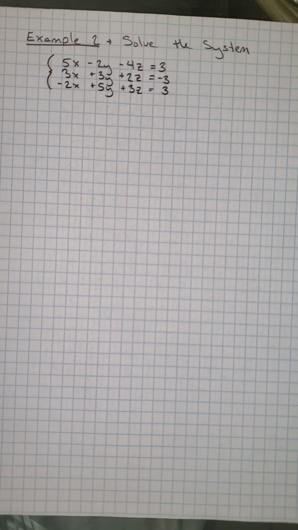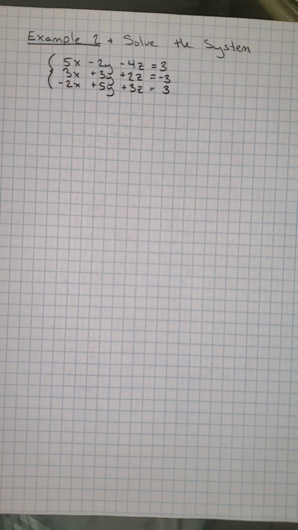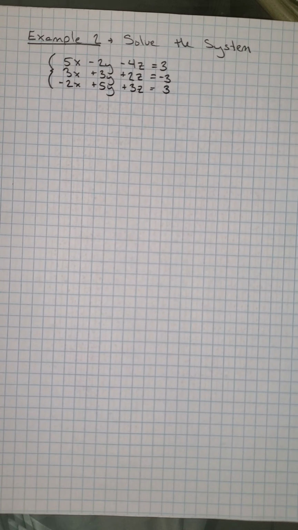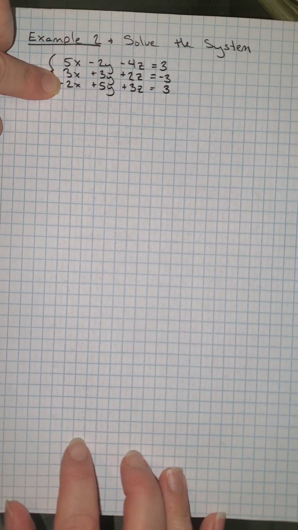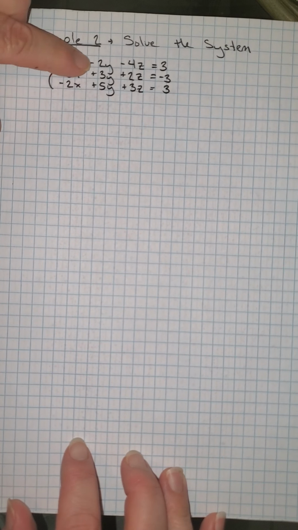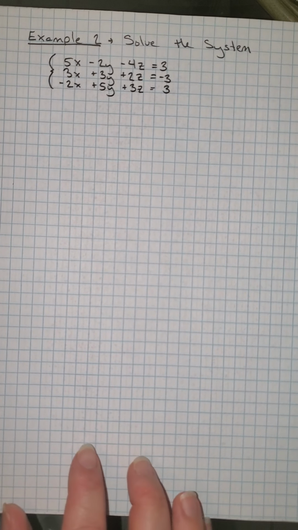So basically what you need to do is get rid of the same variable twice. So you want to pick a variable that you think would be not too bad to get rid of 2 times. So look at the x's, I have 5, 3, and -2. Looking at the y's, we have -2, 3, and 5. Looking at the z's, we have -4, 2, and 3.